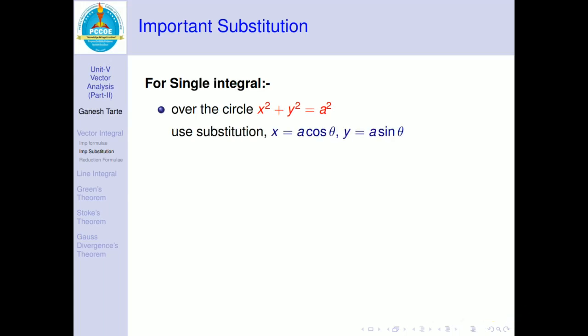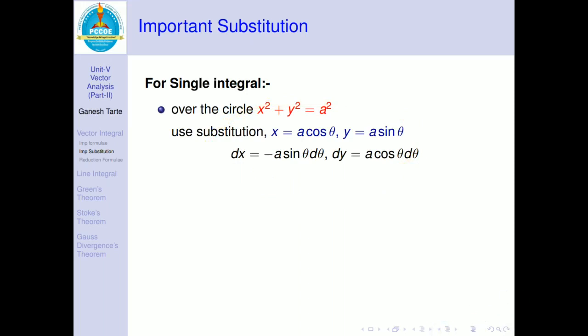So we use the substitution x equals a cos theta, y equals a sin theta. On differentiating, we get dx equals minus a sin theta d theta, dy equals a cos theta d theta. And by simple observation, everything is converted in terms of theta, therefore the limiting values of theta actually depend on the region.